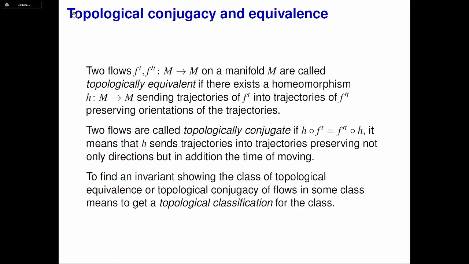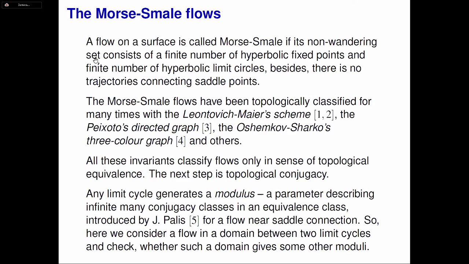And two flows are called topologically conjugate if such a homeomorphism not only preserves orientations of the trajectories, but also the time of moving along the trajectories. To find an invariant showing the class of topological equivalence or conjugacy means to find a topological classification for the class. The class considered in this talk is a subclass of the Morse-Smale flows.